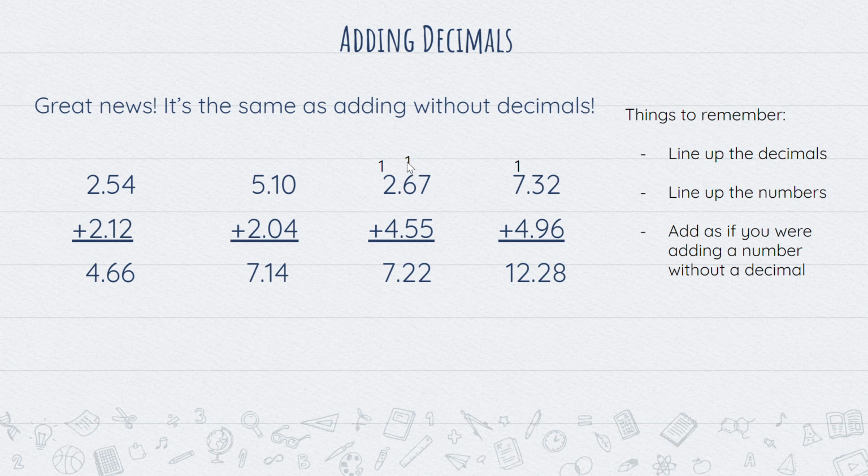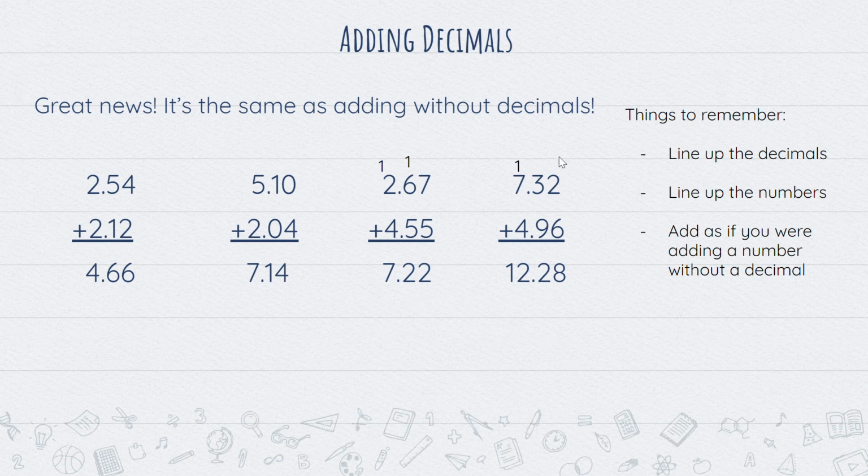Then I go 1 plus 6 plus 5, which again gives me 12. So I put my 2 at the bottom here, and I put my 1 at the top. And then our decimals here line up, so we throw in our decimal, and then we go 1 plus 2 is 3, 3 plus 4 is 7, and that gives us an answer of 7 and 22 hundredths.